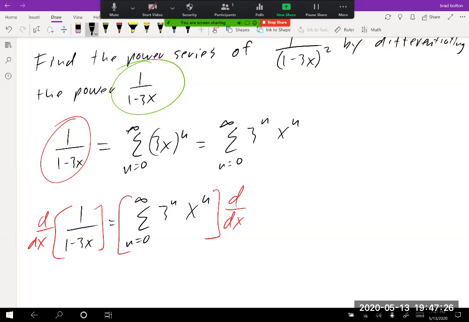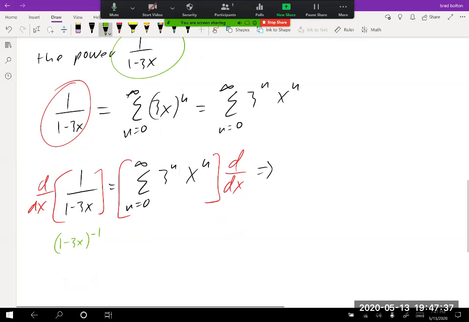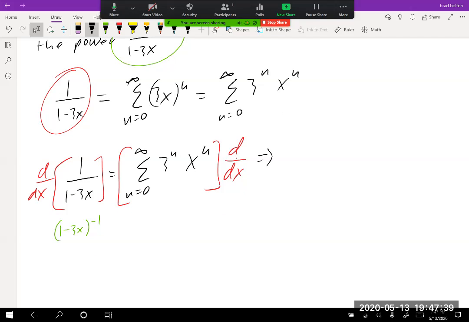Now the derivative of this, isn't this really (1 minus 3x) to the negative 1 power, right? So when I take the derivative, I take the power, put it in front, so that's negative 1, rewrite the inside, reduce the power by 1, and then multiply by the derivative of the inside, use the chain rule. So that would be that.